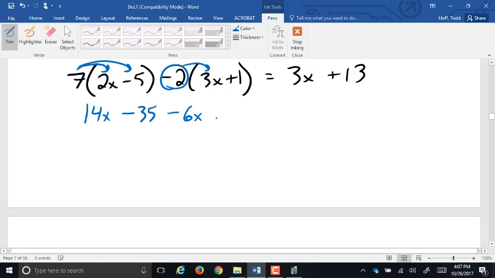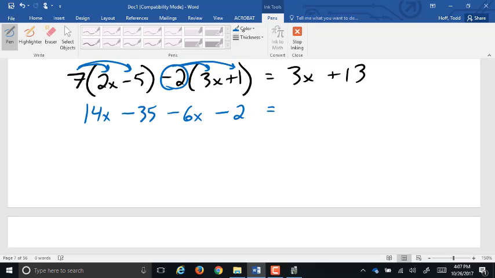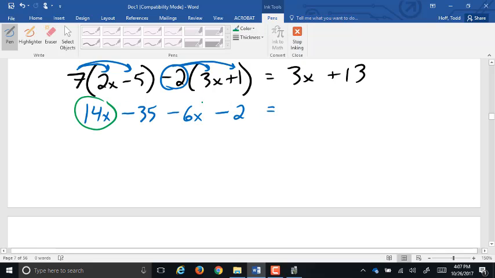Negative 6x. And negative 2 times 1 is negative 2. Now let's combine what we can there. I've got 14x and negative 6x makes 8x. Negative 35 and negative 2 make negative 37. And that equals on the other side, there's nothing to combine, just 3x plus 13.